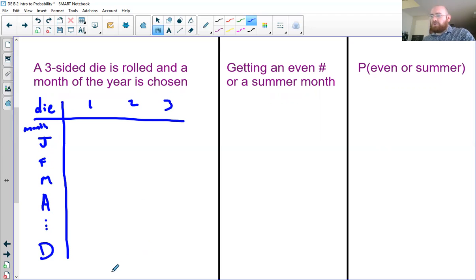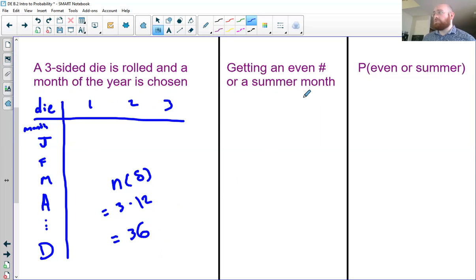And so the size of our sample space is going to be 3 times 12, 3 for the number on the die, 12 for the number of months. So the sample space has a size of 36.